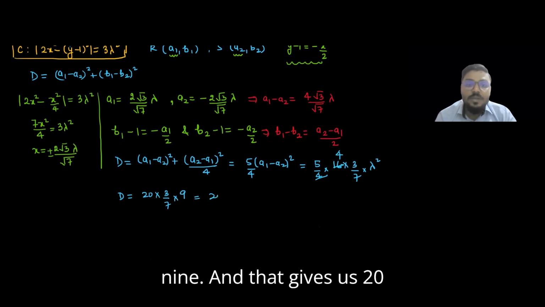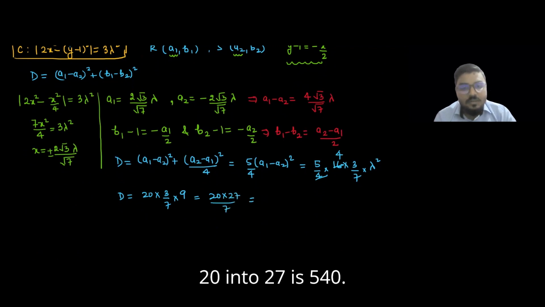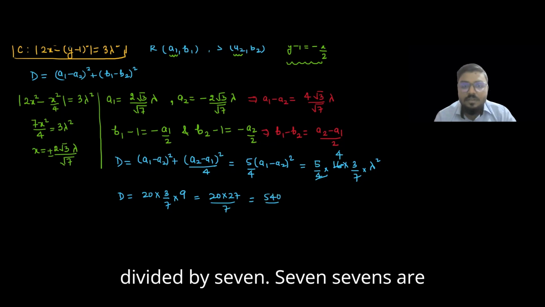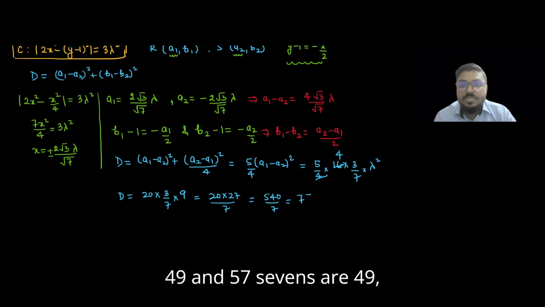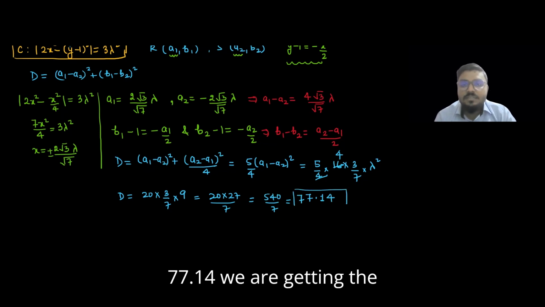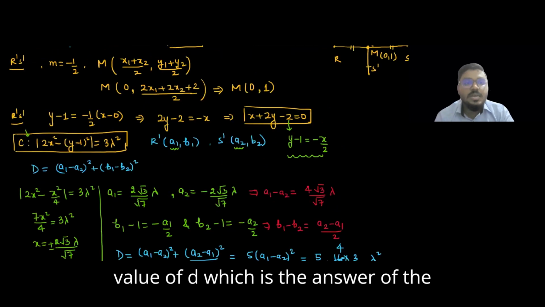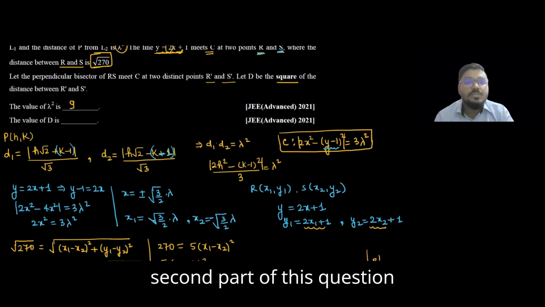And that gives us 20 into 27 by 7. 20 into 27 is 540 divided by 7. So approximately 77.14 we are getting the value of D, which is the answer of the second part of this question.